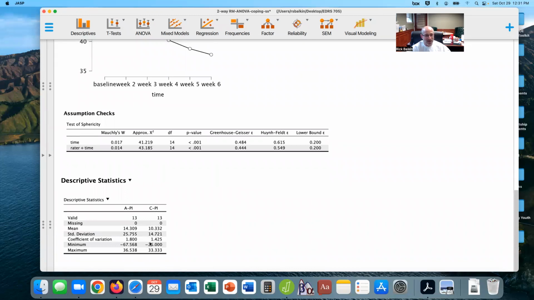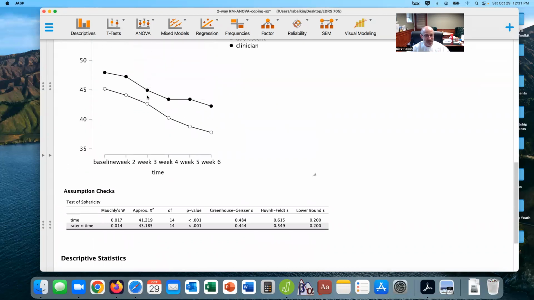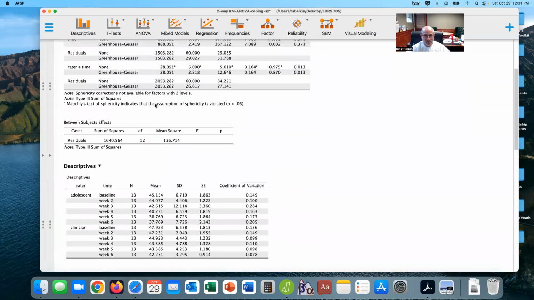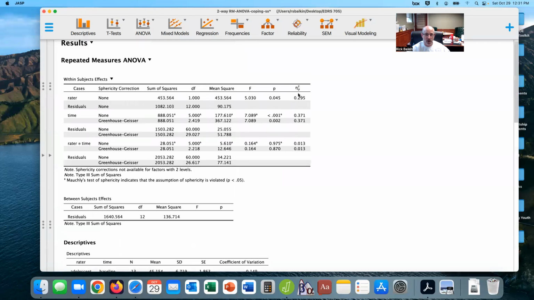You know, overall, not huge differences, right? Yes, there's differences, and they're significant, but these aren't enormous. I mean, we could say, oh yes, there's a large effect between the two.